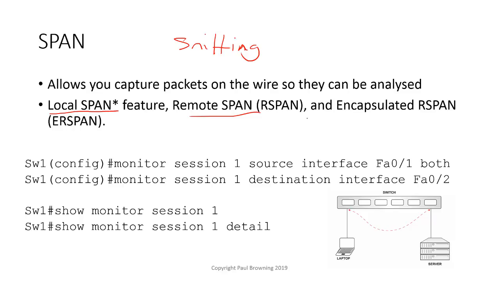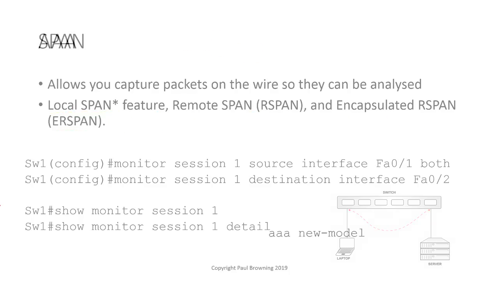There's others though, there's remote SPAN, encapsulated RSPAN, etc. These will be CCNP, probably switch topics. These are the ones, but local SPAN is covered in the syllabus. Here's the sample configuration. I'm not sure, check the syllabus. I'm not sure if you just need to know theory or you're asked to configure it. I've got a feeling it's just know the theory.